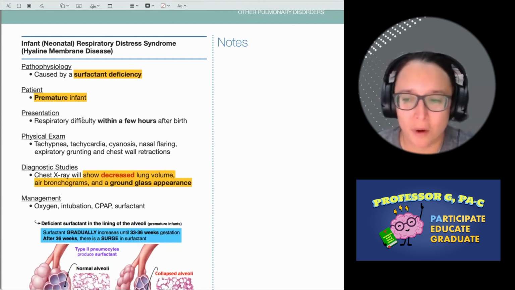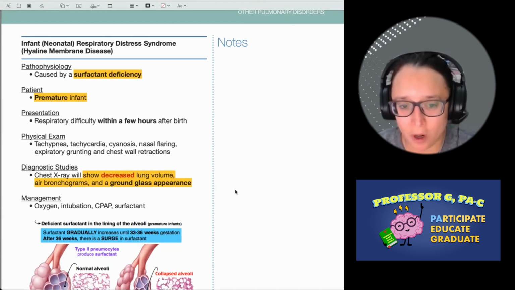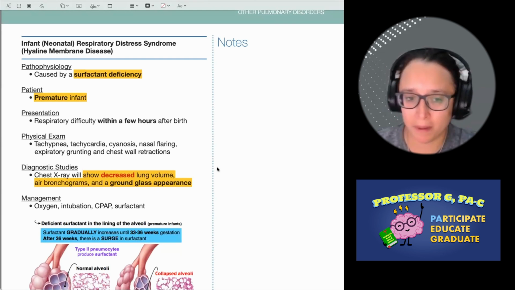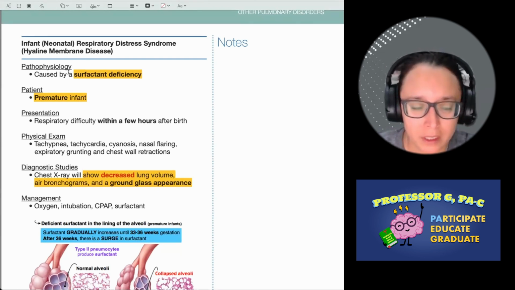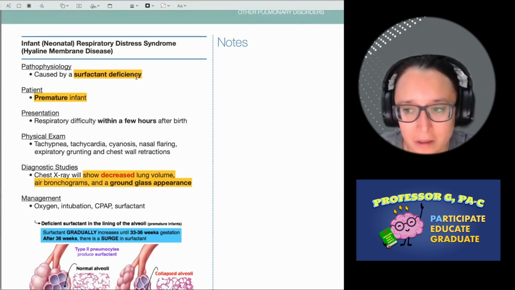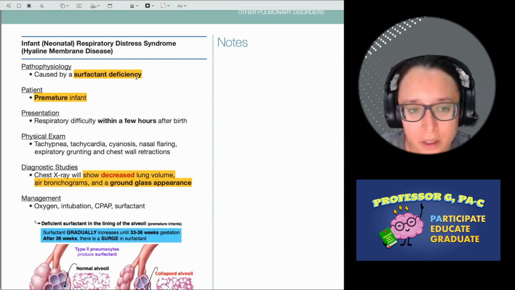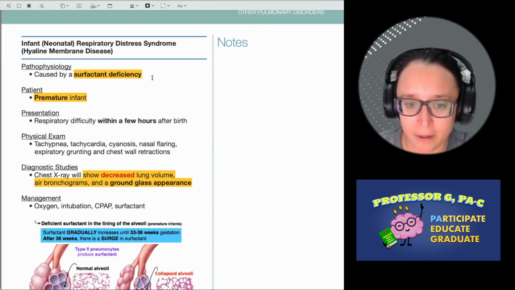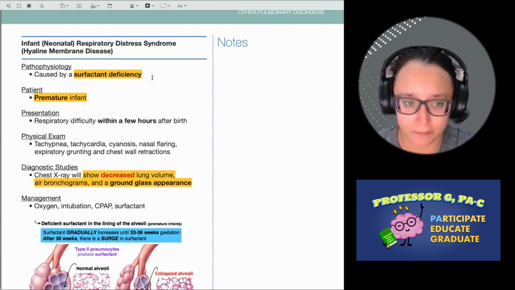It's the only thing we're studying in this module that happens in the brand new newborn baby. Their lungs are underdeveloped, so they don't have enough surfactant. Surfactant helps decrease surface tension in the alveoli and helps keep them open.